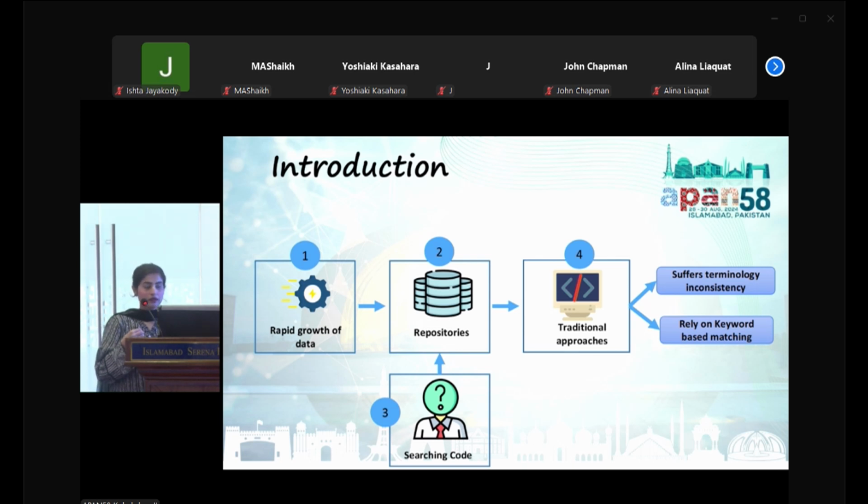Due to the rapid growth of data, software repositories are filled with a lot of source code, and searching for code in these repositories becomes very critical. Although traditional approaches have been proposed, they suffer from terminology inconsistency, and most of them rely on keyword-based retrieval.